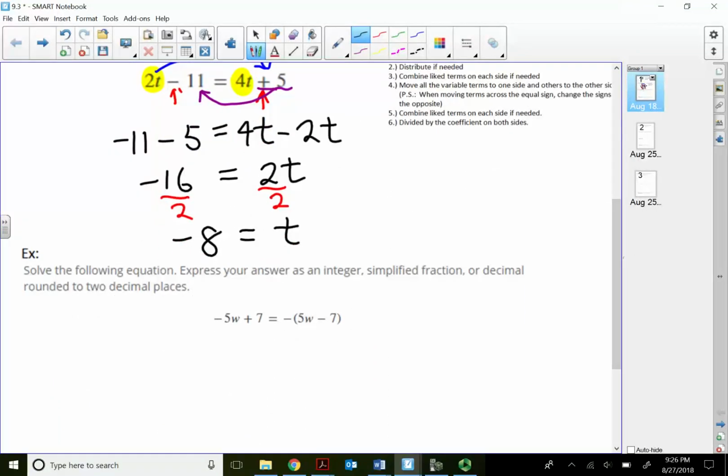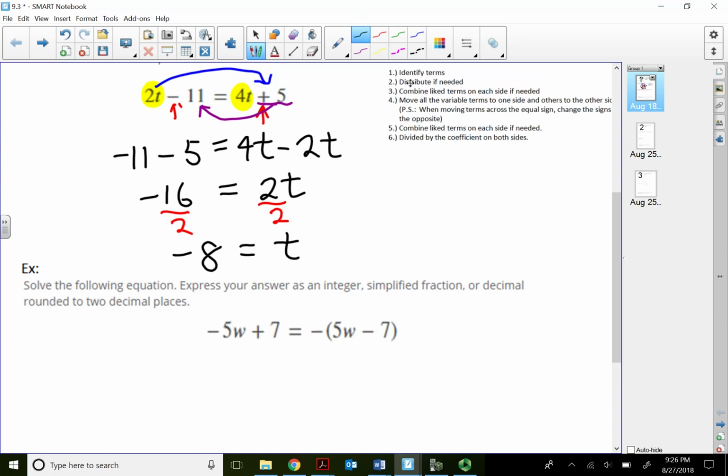Now this one involves parentheses. I'm wondering if you all remember in the lecture video for module 9.1, we talked about different types of solution. If you look at this particular example, the left side has 2 terms.